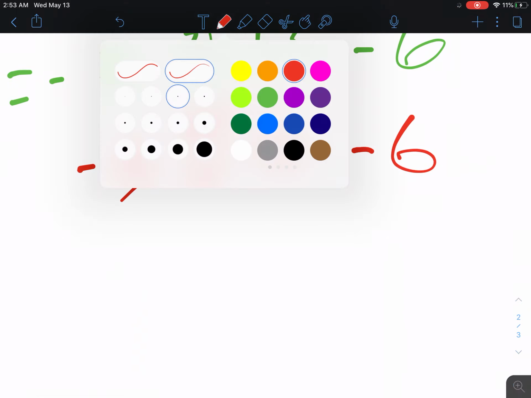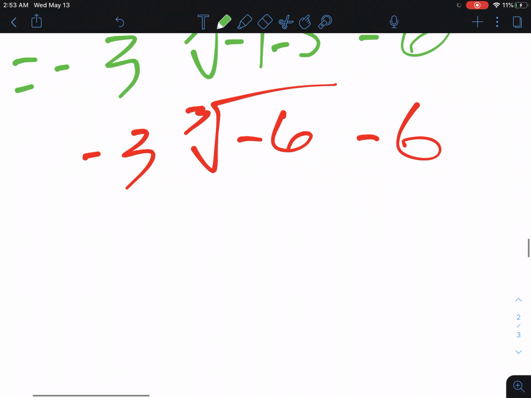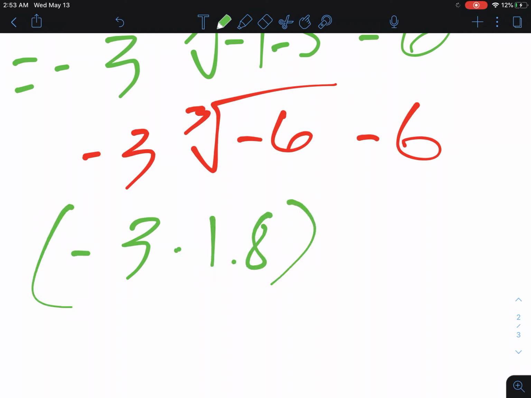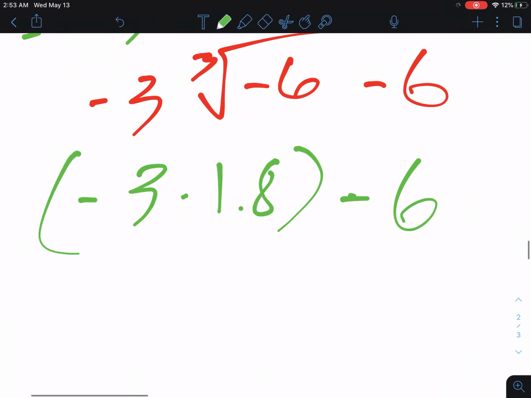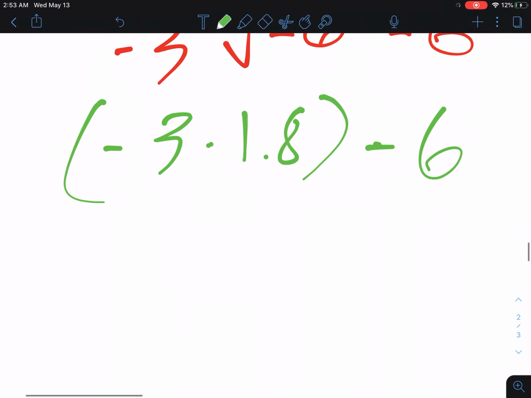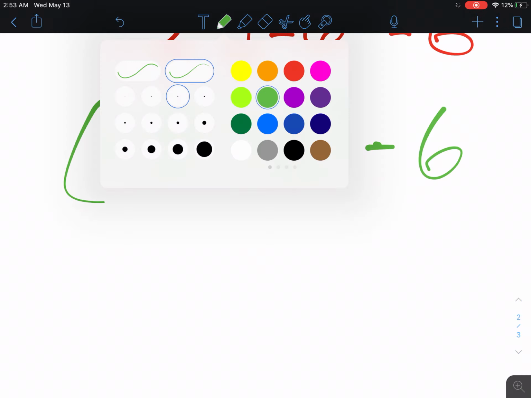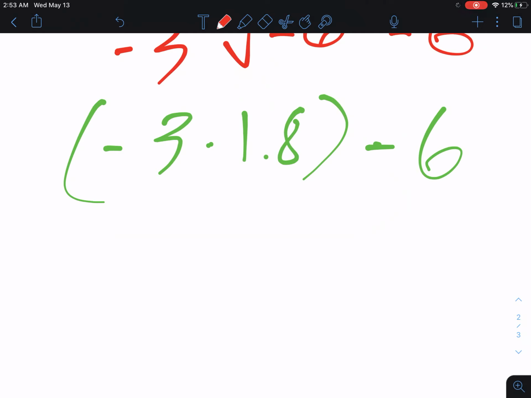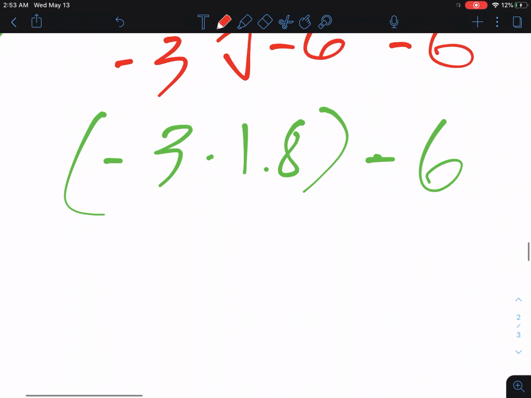And now we drop down negative 3. And then we multiply that with, we ultimately get 1.8 rounded, because negative 6 to the third is 1.8. Then we subtract 6. So negative 3 times 1.8 gives, it's negative 1.8, not a positive.